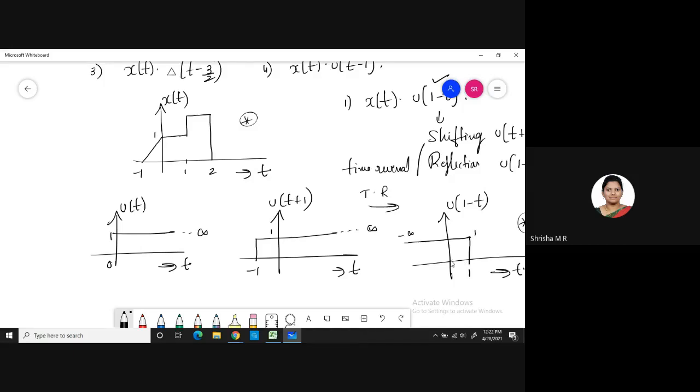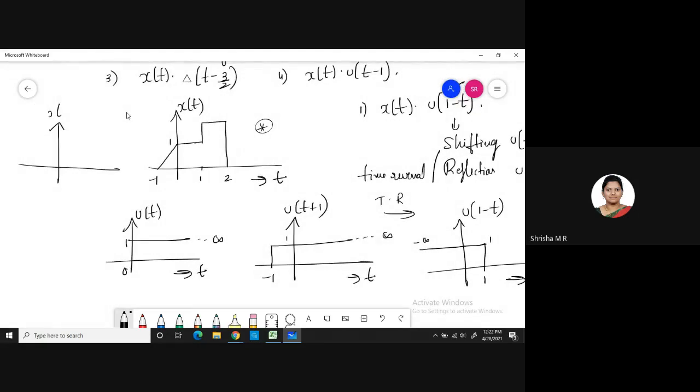Whatever is the waveform between minus 1 to plus 1, that will be reproduced when you multiply x of t with u of 1 minus t. So we shall see that. You have x of t into u of 1 minus t.